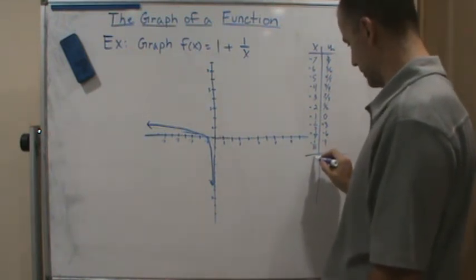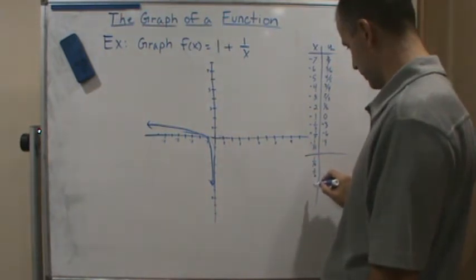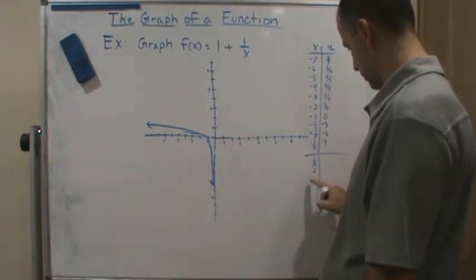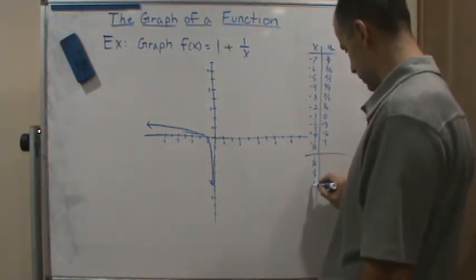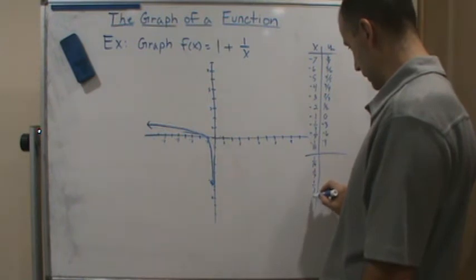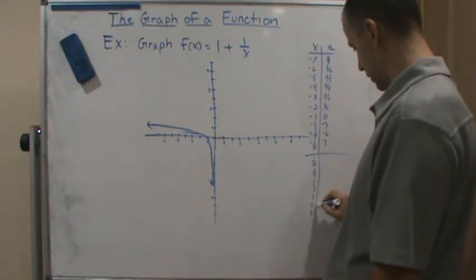What if I do positive 1/10, and then positive 1/7, positive 1/3, and positive 1, and then 2, and then 3, and so on.